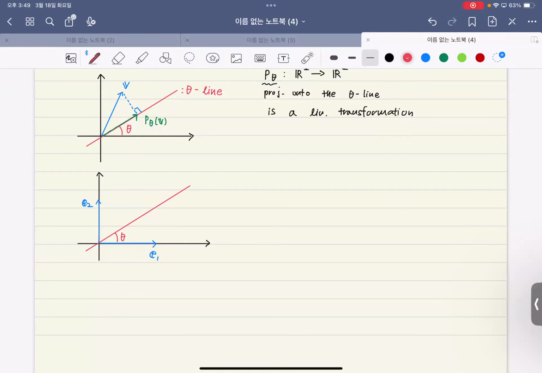Then this is the resulting vector. Okay, so this is the resulting vector, P theta of E1. So, can you figure out the coordinate of this endpoint?